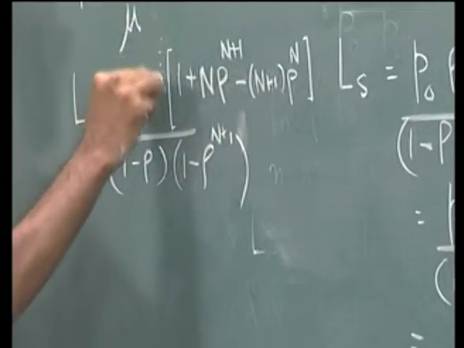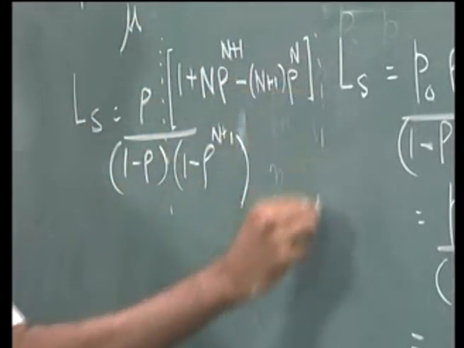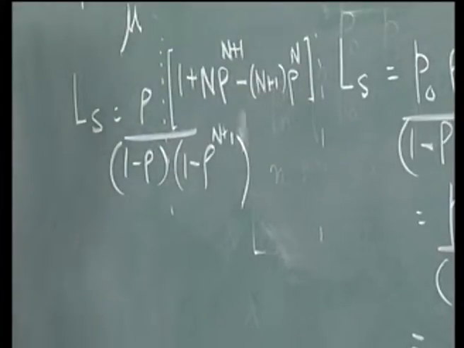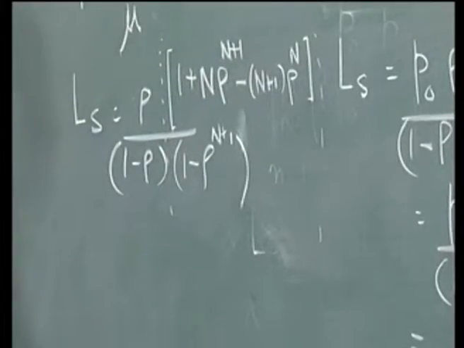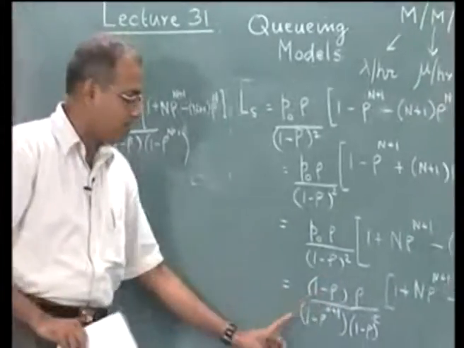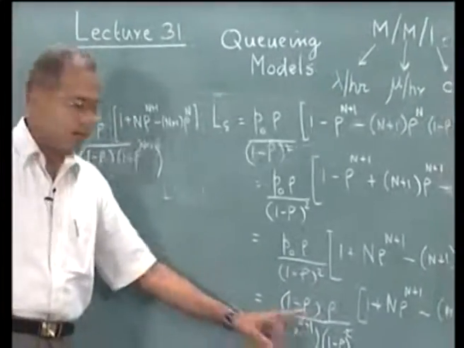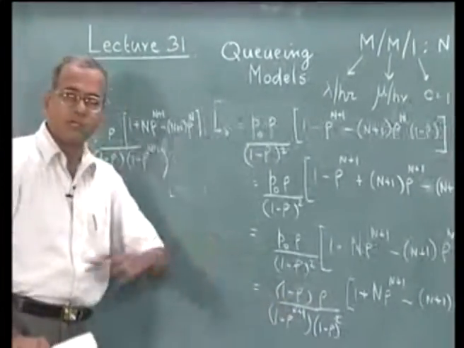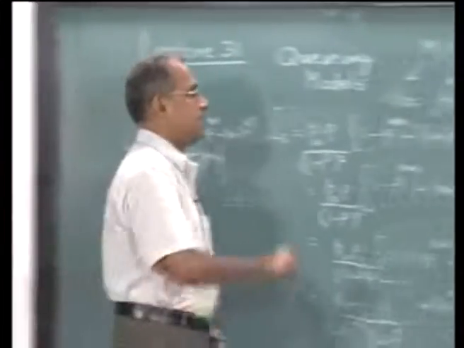Now, this term we multiply with the older one. Similarly, P naught was 1 minus rho. Now, P naught has become 1 minus rho divided by 1 minus rho to the power n plus 1. So, this 1 minus rho to the power n plus 1 keeps coming because we have a restriction on this n.